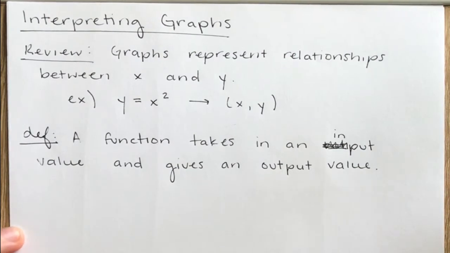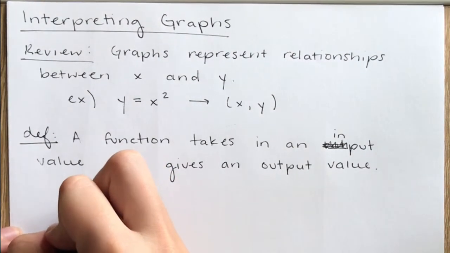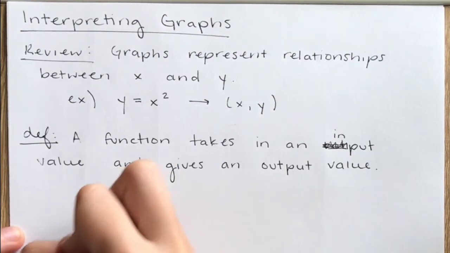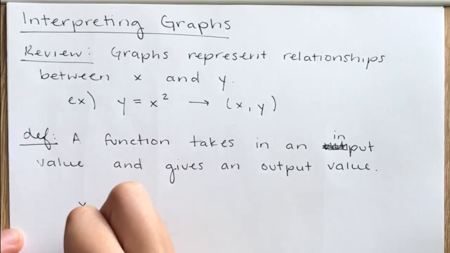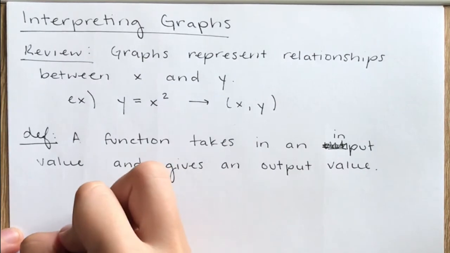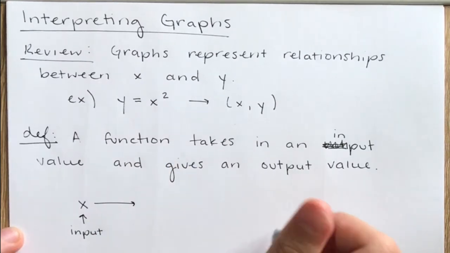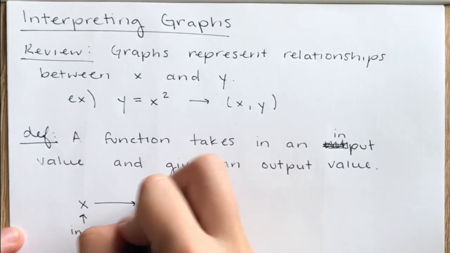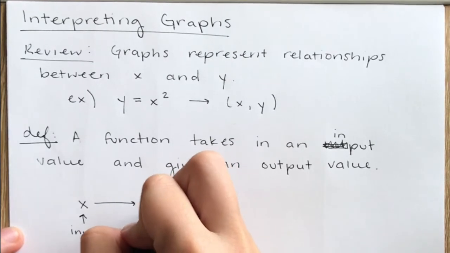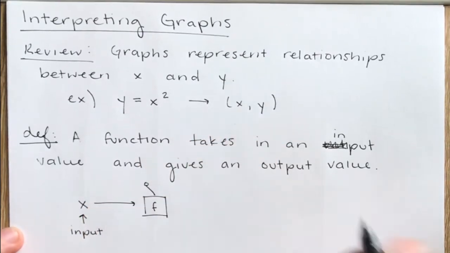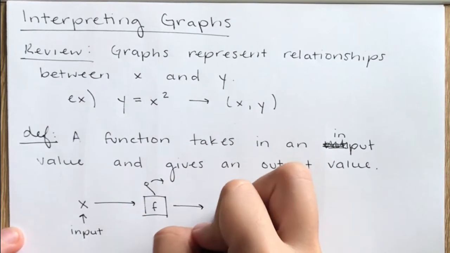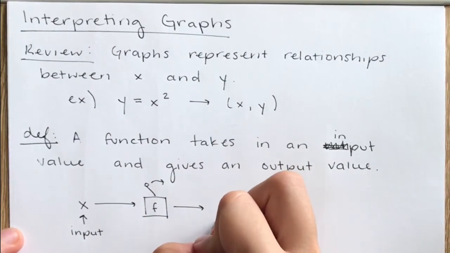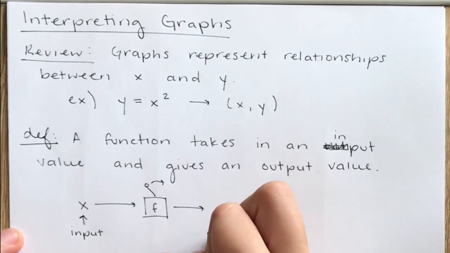I like to sort of visualize this in this way. So we've got our input x, we put x into some function. I'm going to call it f. F has a little lever. We pull the lever, and f spits out some y value. This is our output.